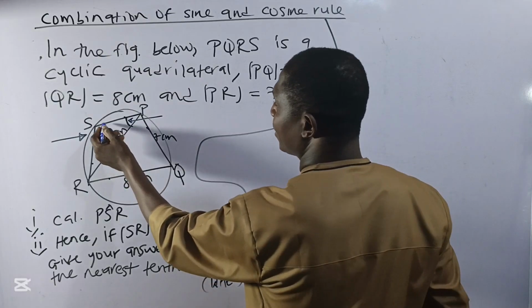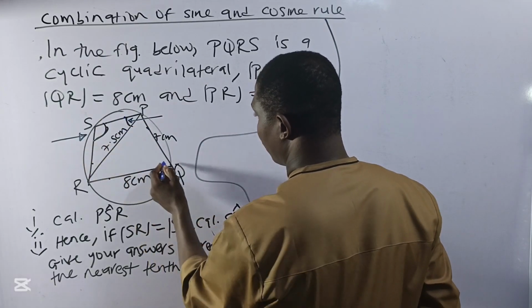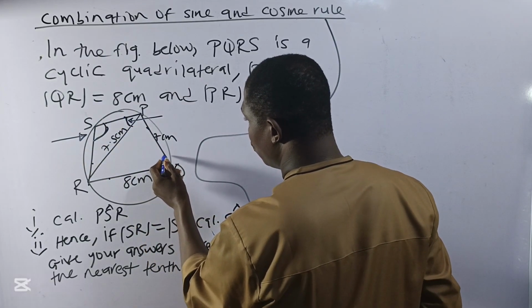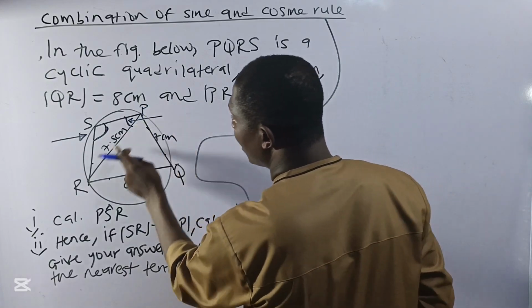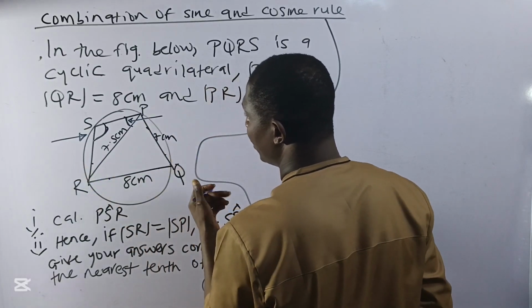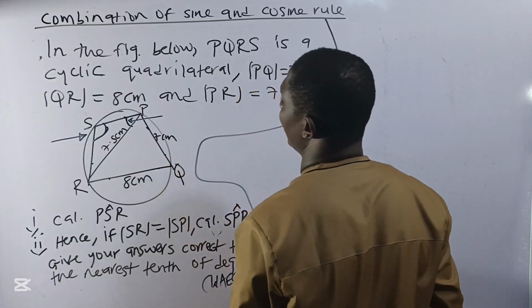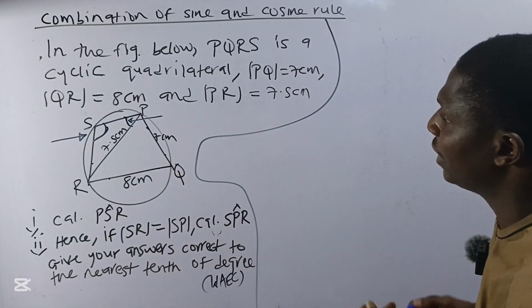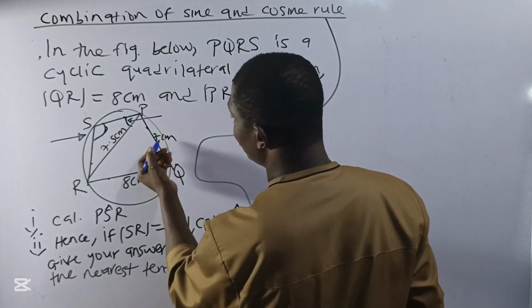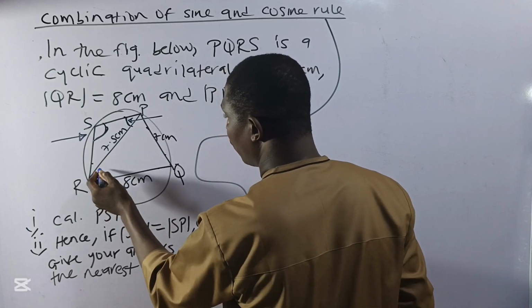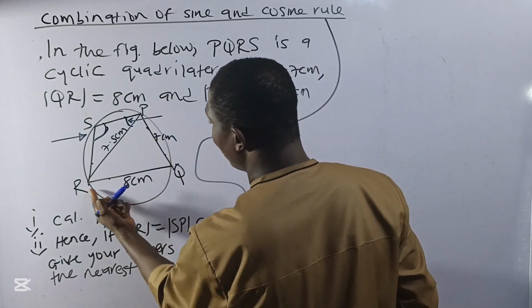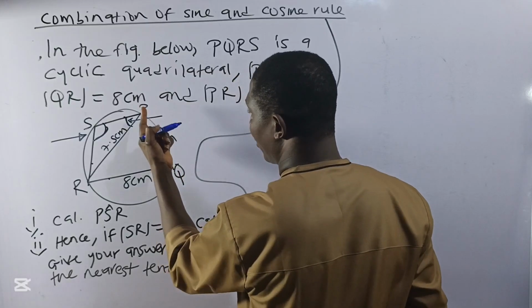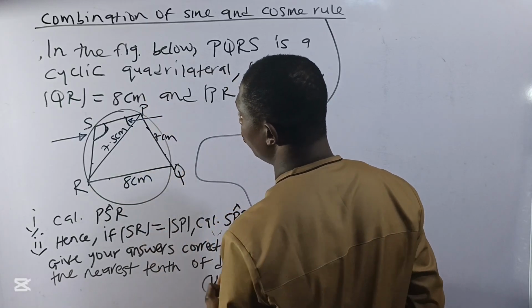And my angle S plus my angle Q must add up to give me 180. Now, I have three sides, which is this, this, and this. So PR and Q relating to triangle PQR can be looked for.